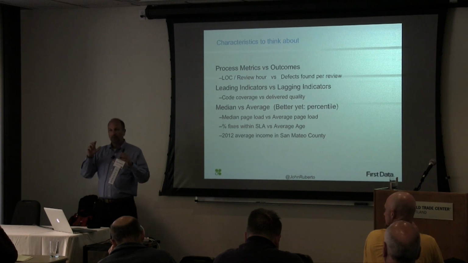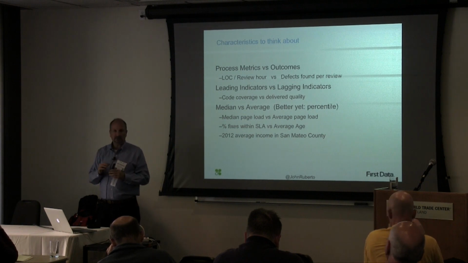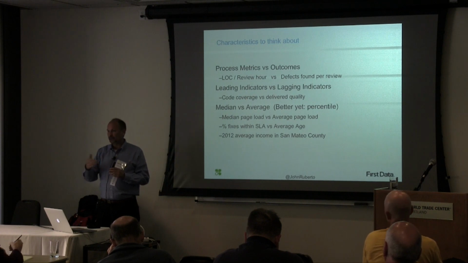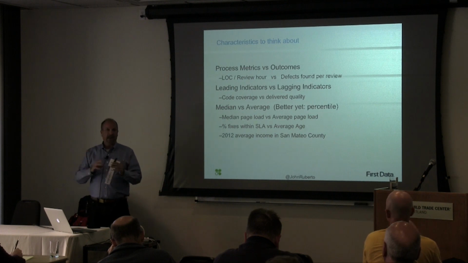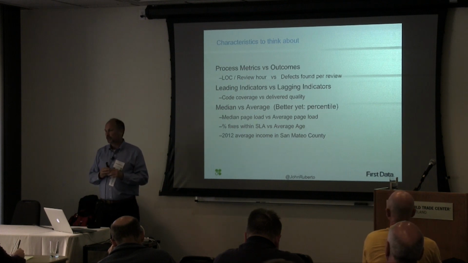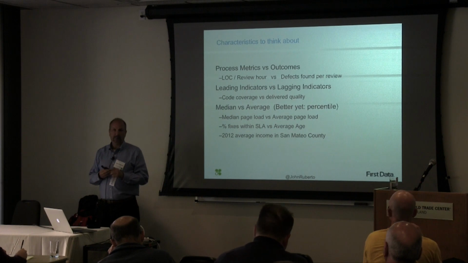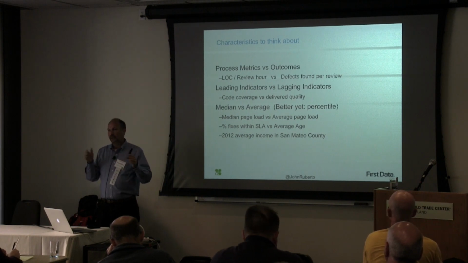So if we want to evaluate our systems, usually with performance, I look at the median response time or median page load time. But even better, I like to look at the 95th percentile or 99th percentile response time, because that tells you that the vast majority of your responses are coming within that value.